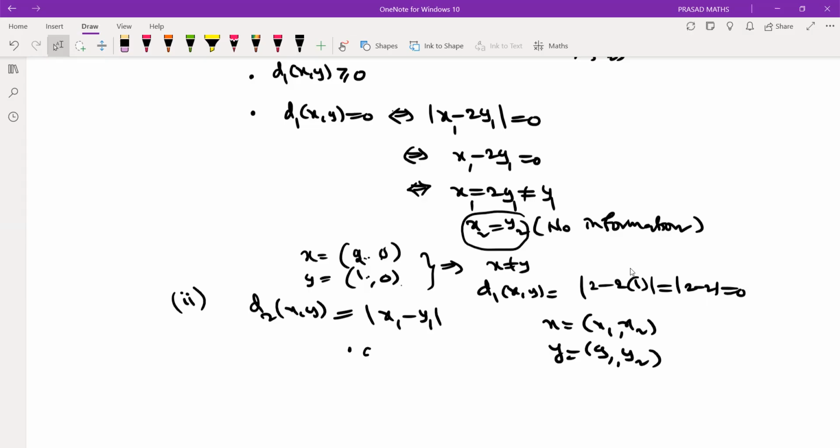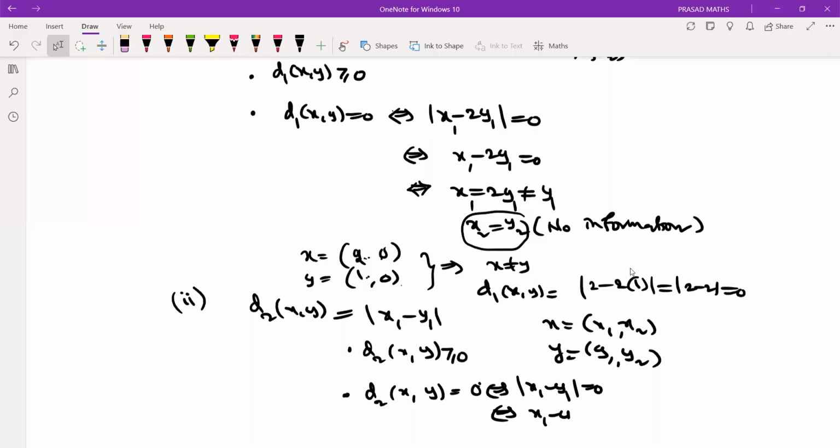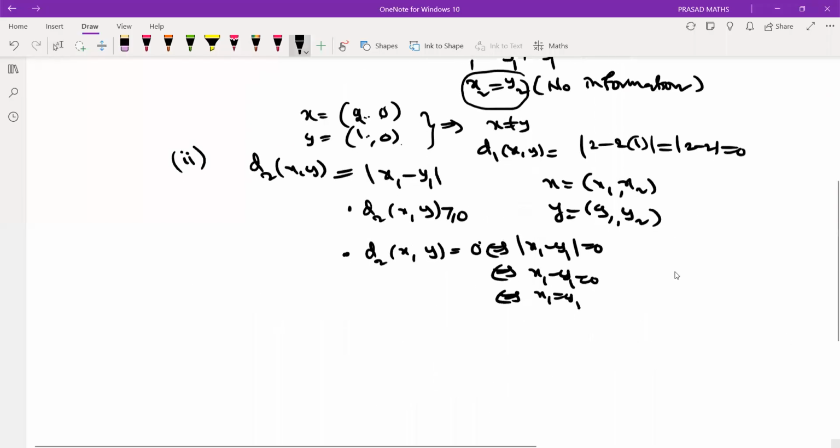Again there is no problem with non-negativity because the modulus is there. The problem is only with the second condition and the triangle inequality. This is 0 if and only if mod of x1 minus y1 is 0, that means x1 equals y1. I don't know the information about x2, y2.